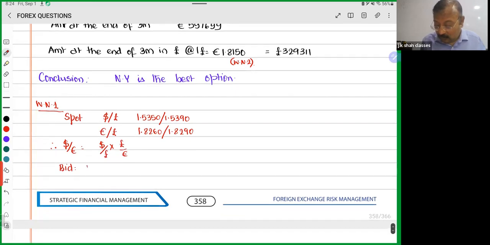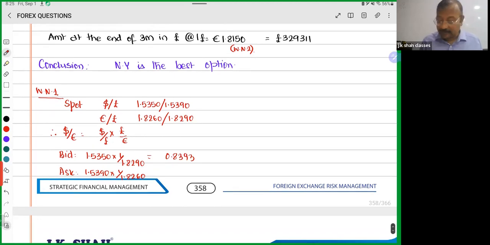Bid 1.5350 into 1 upon 1.8290 equals to ask 1.5390 into 1 upon 1.8260. 1.5350 divided by 1.8290, 0.8393. 1.5390 divided by 1.8260, 0.8428.